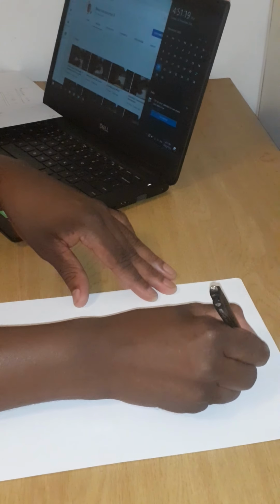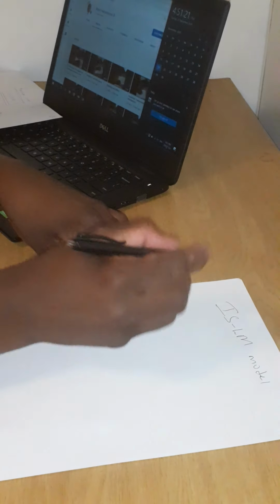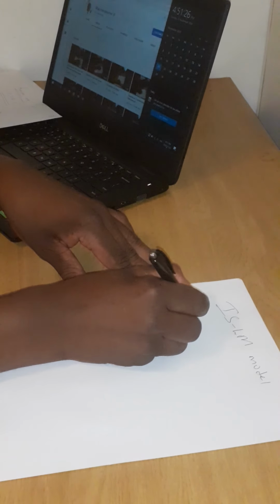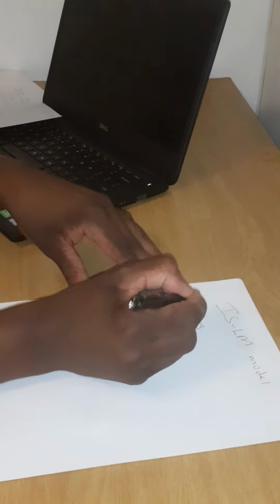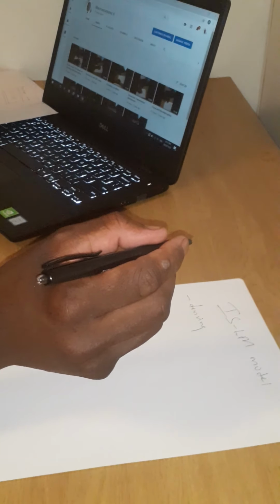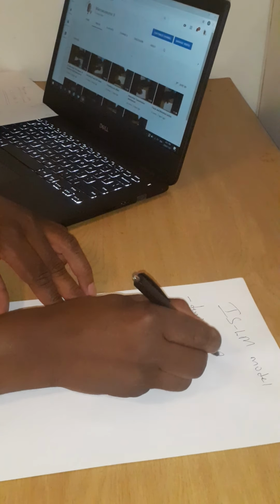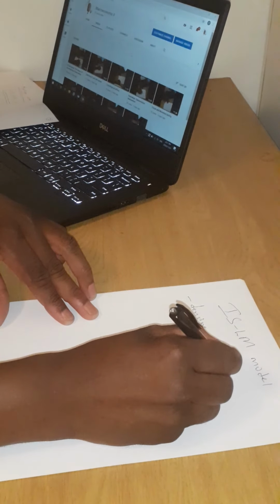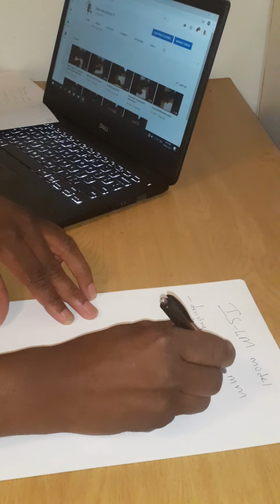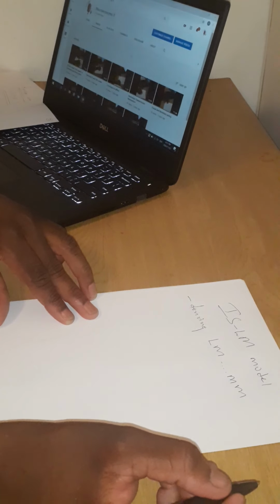We started by deriving, or let me rather start by deriving, LM from the money market. LM, we derive it from the money market diagram: money supply, money demand, all this.